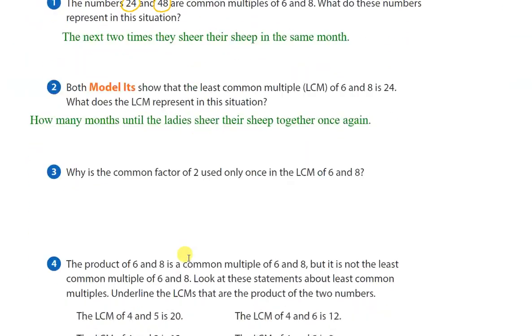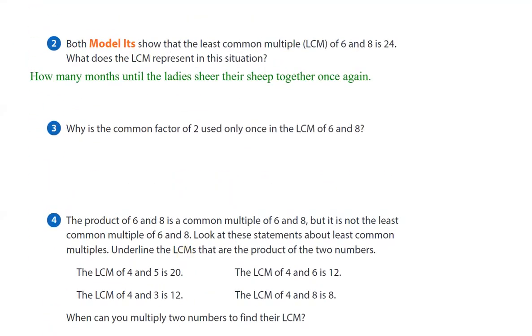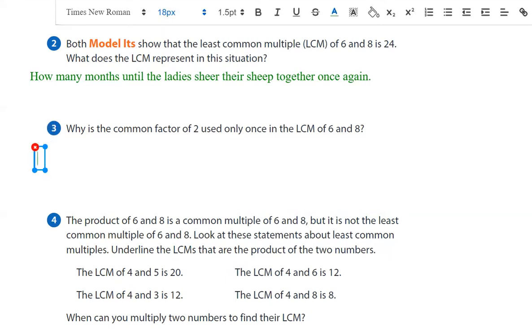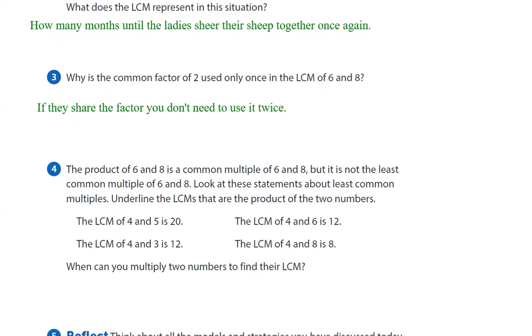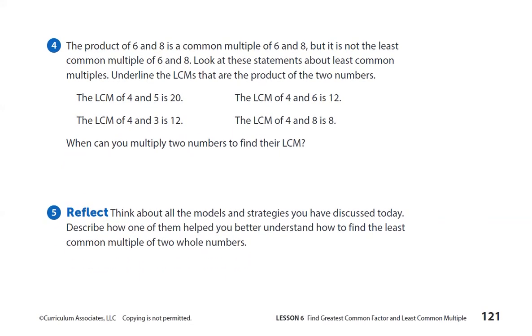Why would we do that? I'm going to give you a much simpler answer than the teacher's book has. If they share the factor, you don't need to use it twice. If you use it twice, the number would be too big. That number would be double. It would be 48. That's not the least common multiple. That's the second least common multiple, and that's useless to us.